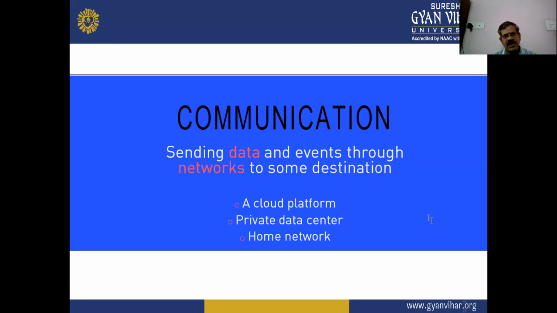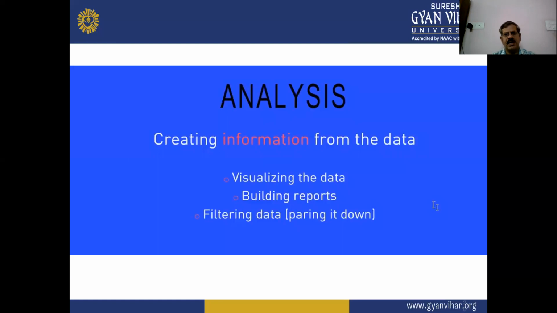Communication: sending data and events through a network to some destination, a cloud platform, private data center, home network. Analysis: creating information from the data, visualizing the data, building reports, filtering data, and paring it down.